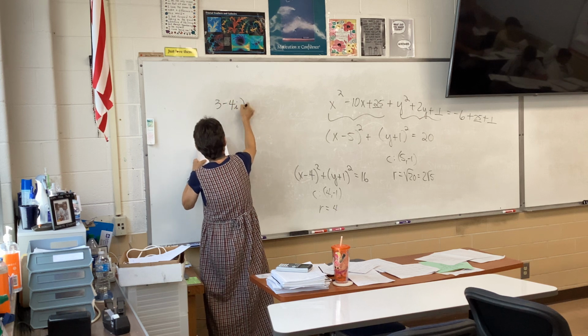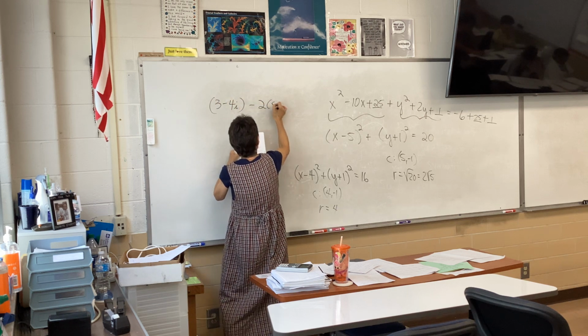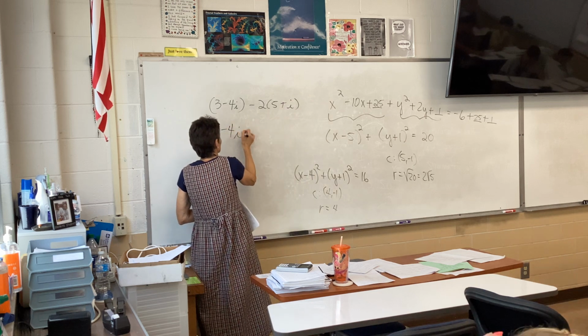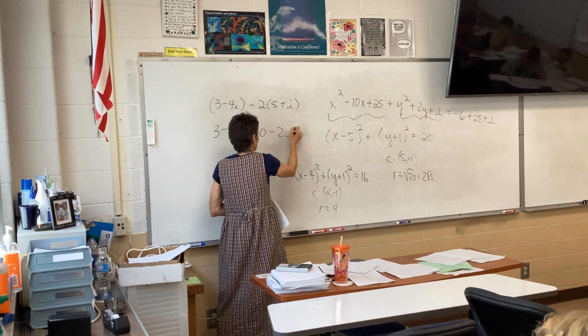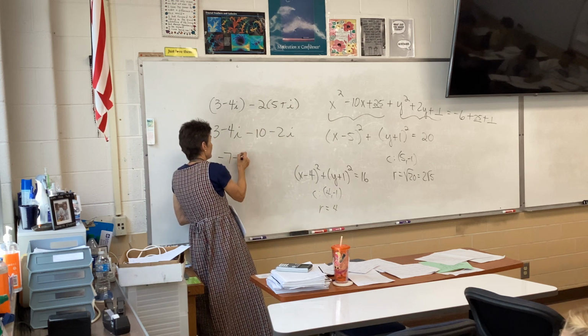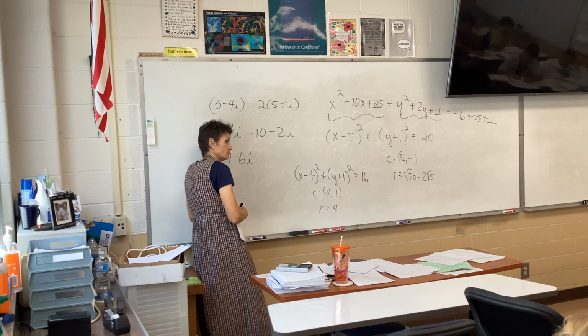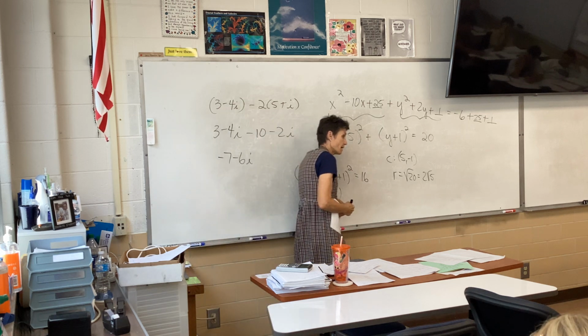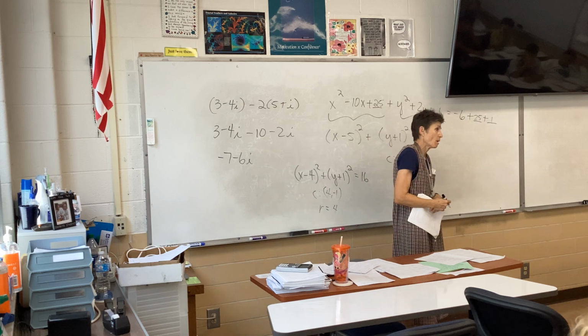We want to distribute the -2 and then collect like terms. So -7 minus 6i. This is not a FOIL. Please don't FOIL that. It's not a FOIL, it's just a collect like terms problem.